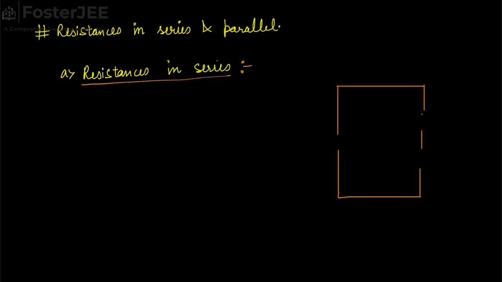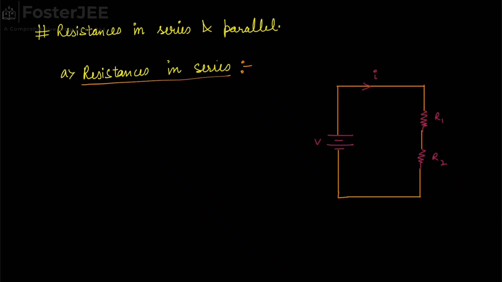In series, the combination is like this. Here we have one resistance, let us suppose R1, and another resistance, let us suppose R2. We also have a voltage V. Now, this will send current in this direction.